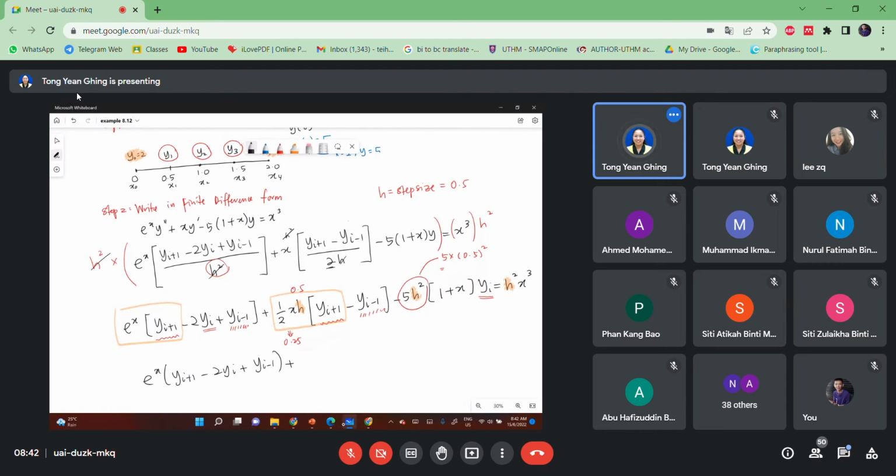Okay, ini half times h, h is 0.5. That means 0.5 divided by 2, 0.25, 0.25 x. Okay. Here is y i plus 1 minus y i, sorry. Okay. So kat sini 5 darab dengan 0.5 square. Nuratika dapat berapa?